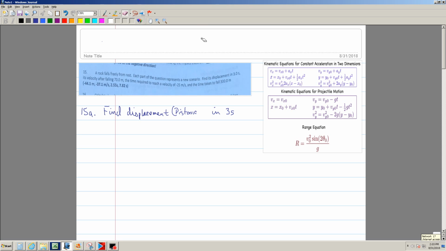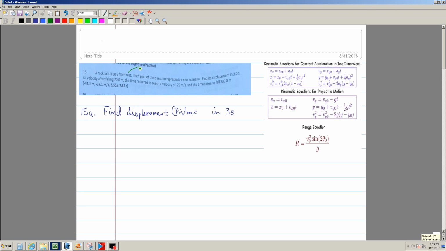Okay, I'm gonna go ahead and start with problem 15. It looks like it's gonna have four parts. The question it's asking: a rock falls freely from rest. Here's a keyword: it's resting.